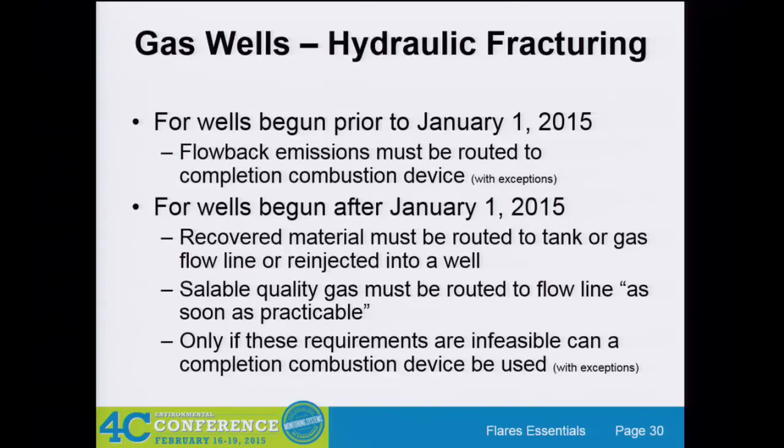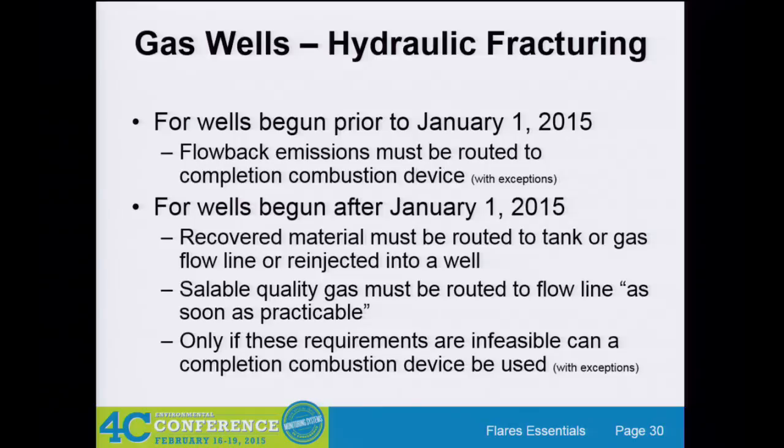Okay, turning a corner. I did mention this rule has combustion or control requirements for gas wells. There was a phase-in period that has now really passed. So I'm just going to quickly jump to natural gas wells that begin production or flowback after January of this year: the recovered material must be routed to a tank, gas flow line, or re-injected into a well.